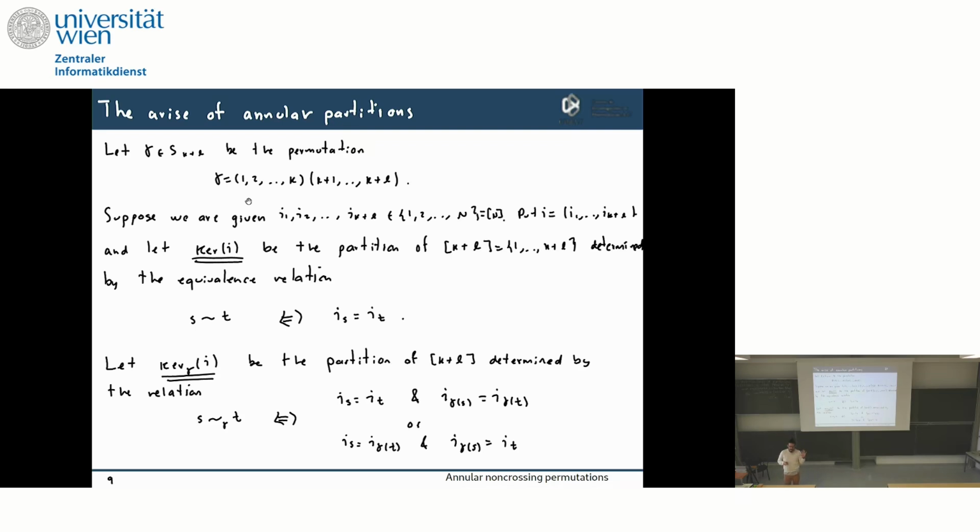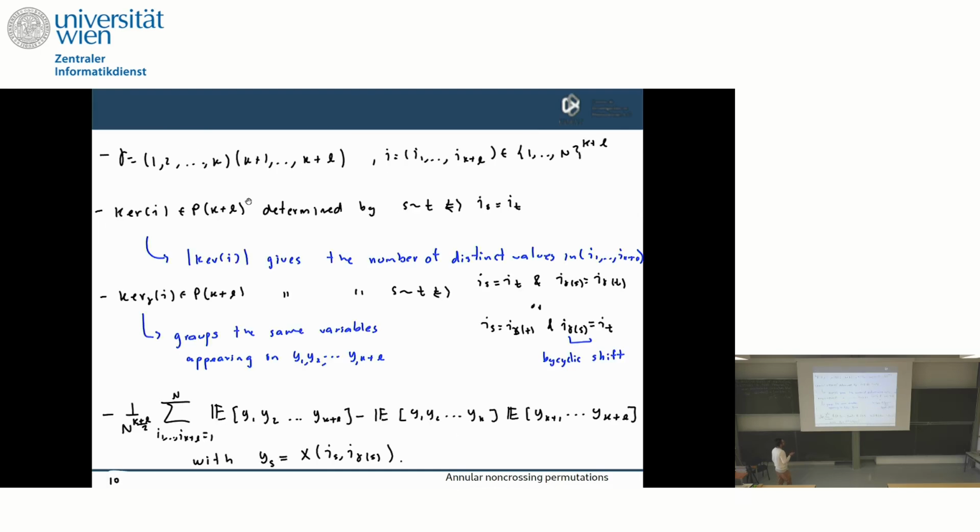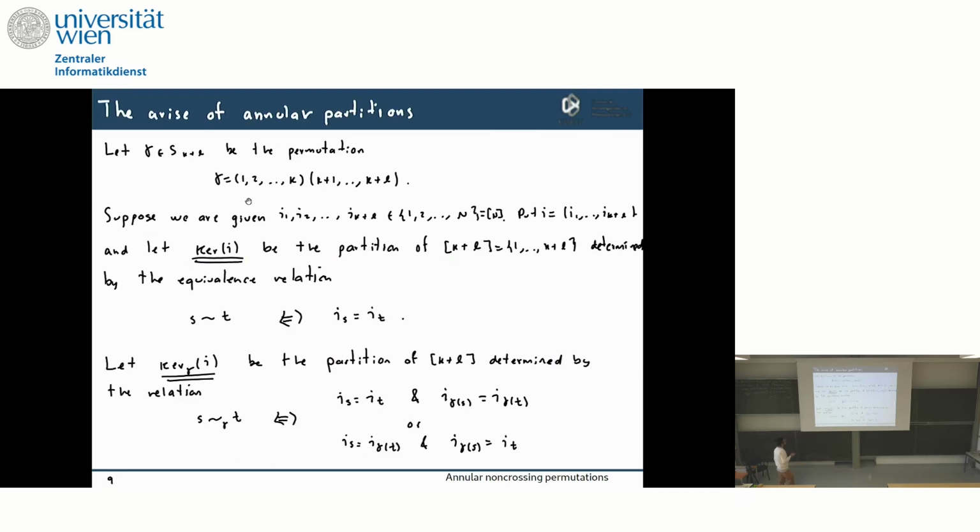The first partition is defined by the relation: s is related to t if and only if i_s is equal to i_t. So given a sequence of indices i1, i2, up to i_{k+l}, the kernel of i is defined by this relation, and it just captures which indices are the same. So that's it. There is nothing very special there.